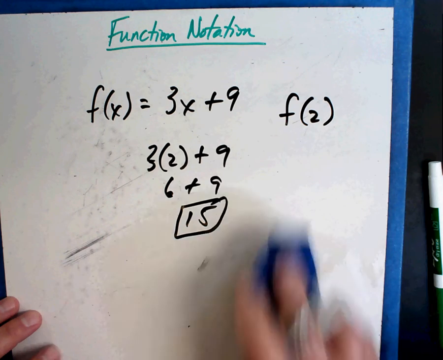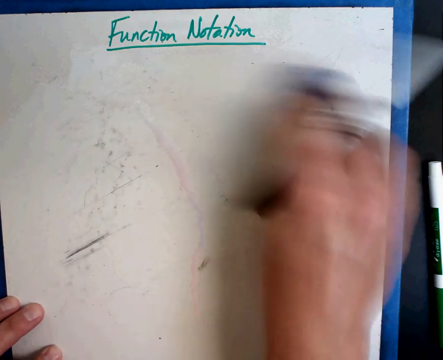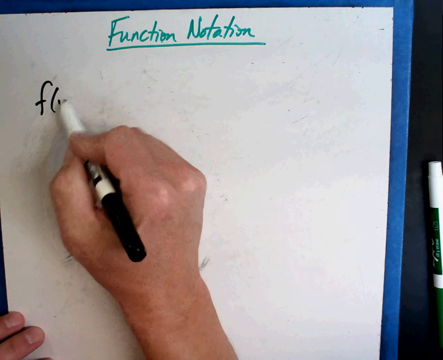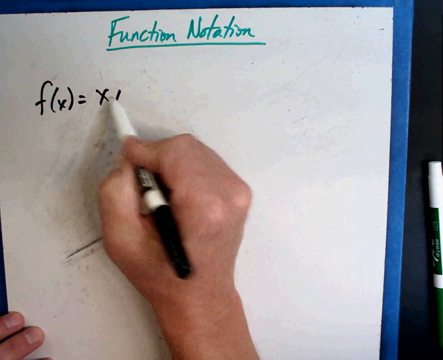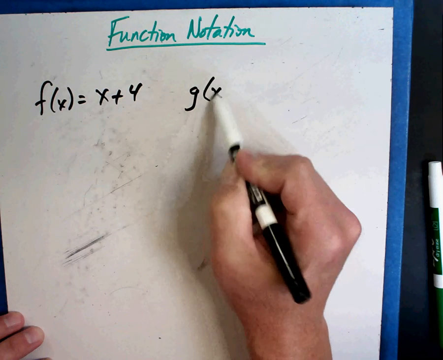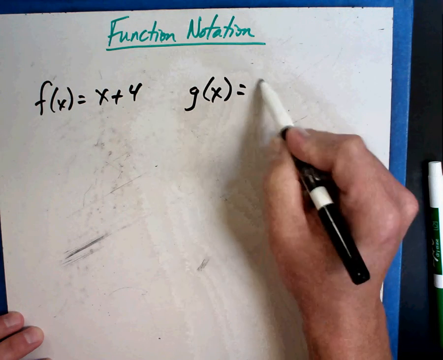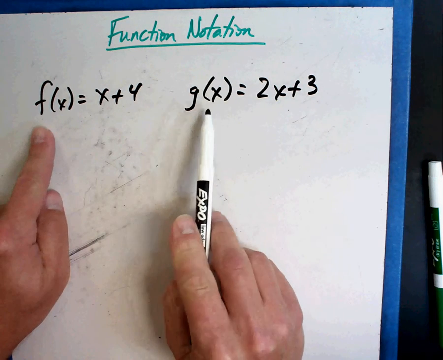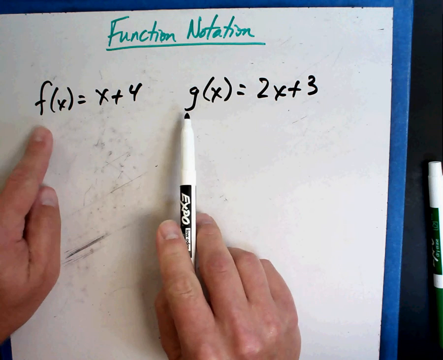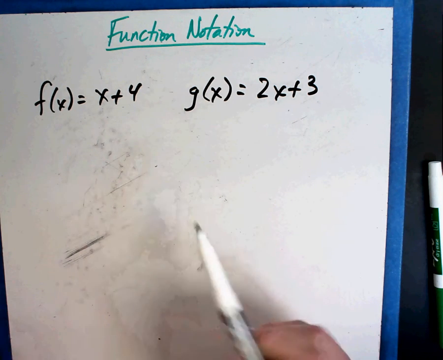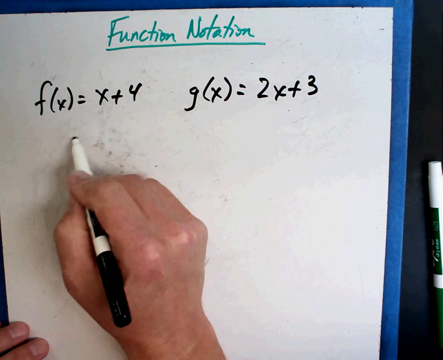Okay? Sometimes it's a simple one variable that you're dealing with, but sometimes they give you a system of things. Okay, so let's say we had this. If the function of x is x plus 4 and g of x is equal to 2x plus 3. Now, don't let that freak you out. It means the same thing, but rather than calling them both f of x, you have f of x and g of x, and you treat them the same way. What if they ask for something like this?